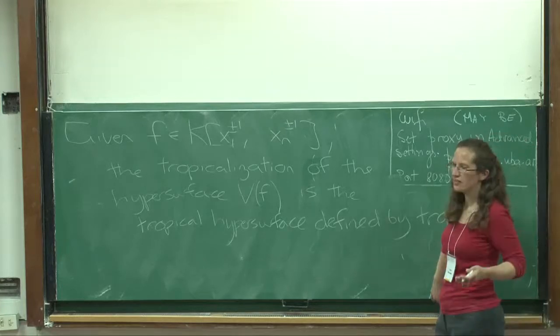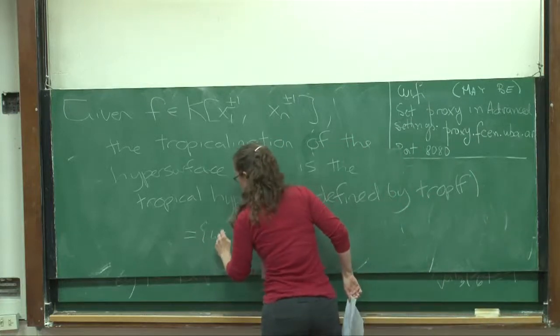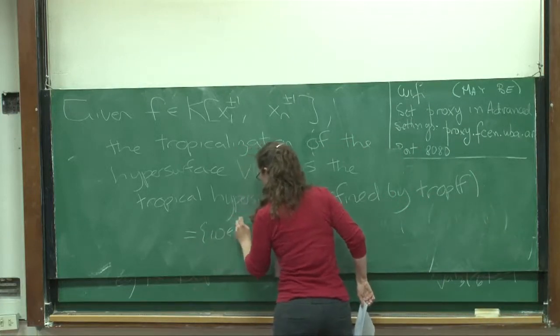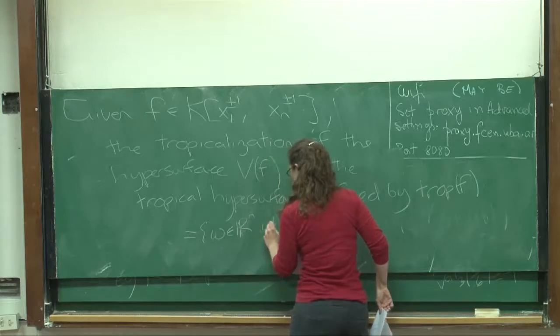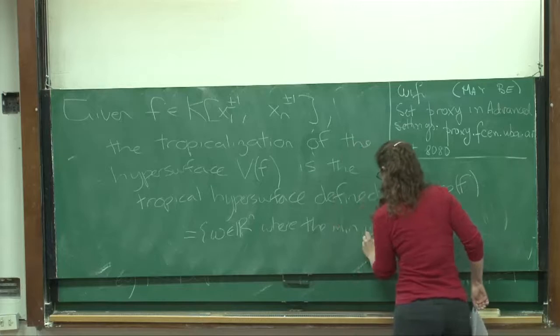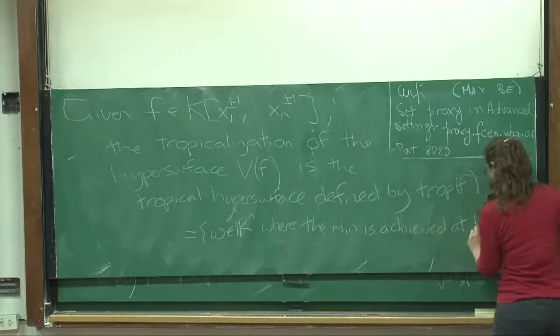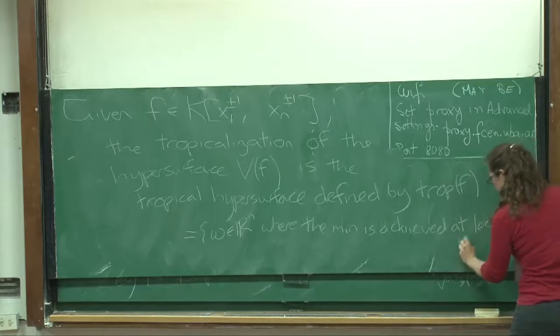Okay, so again, it equals the set of w in R^n where the minimum is achieved at least twice.